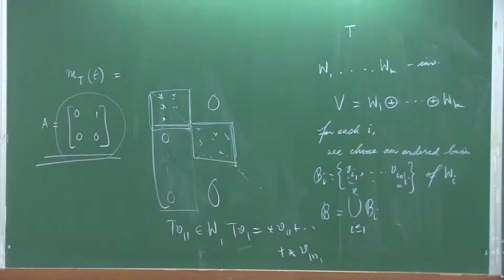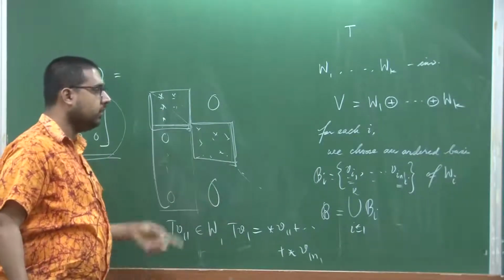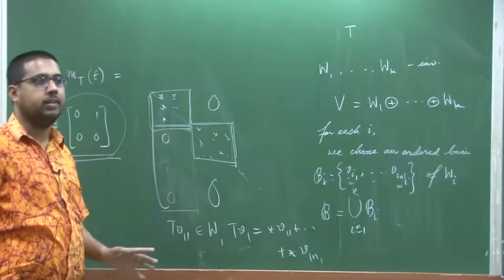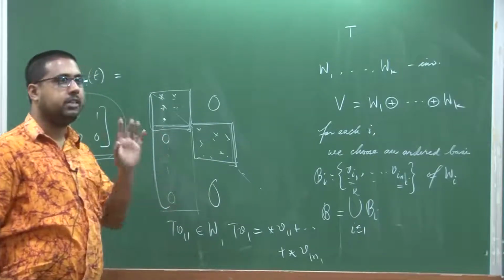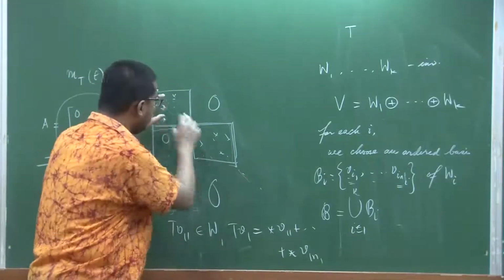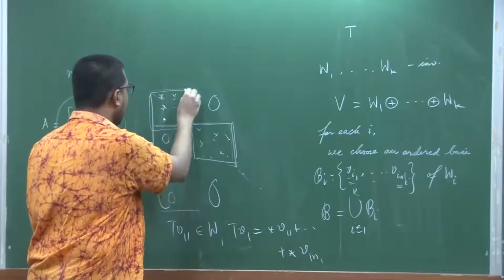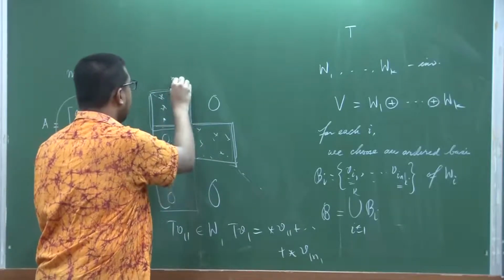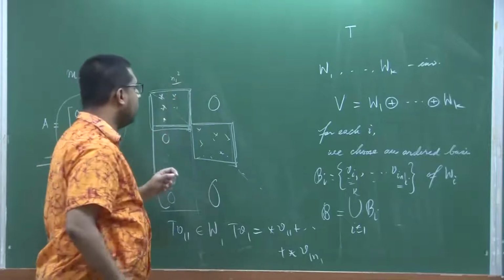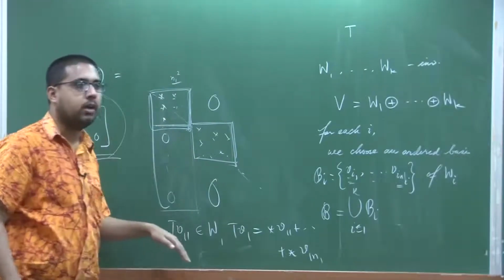Try to understand: for the diagonalizable case, apart from the diagonal, the rest were 0. In general we do not have that privilege, but at least we have this much privilege that apart from only these n1 square number of coefficients, the rest which comes below has to be 0.